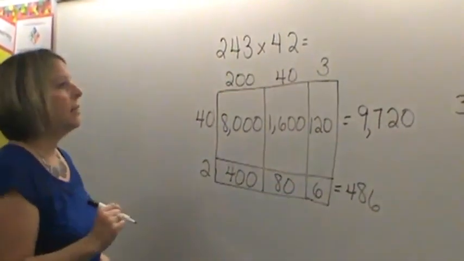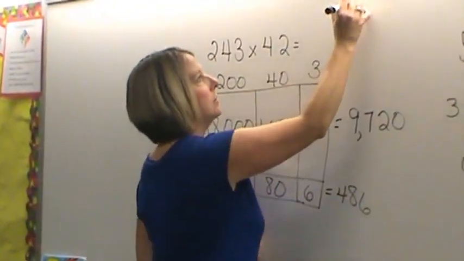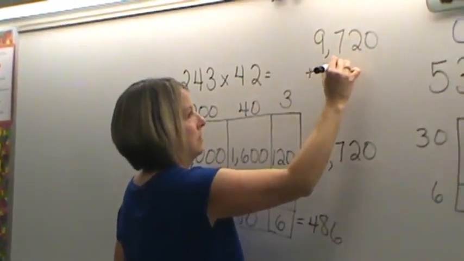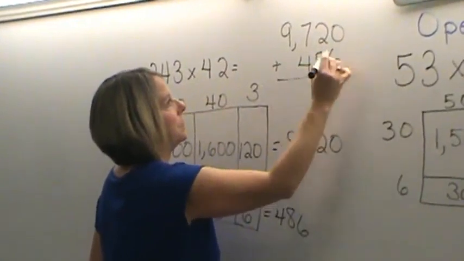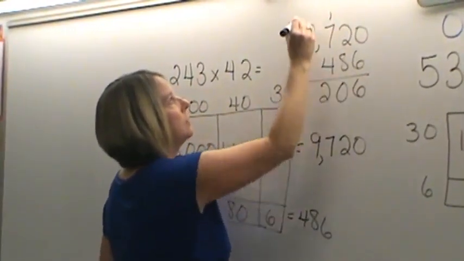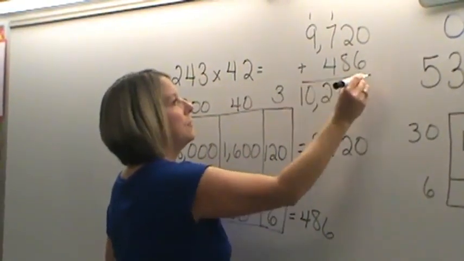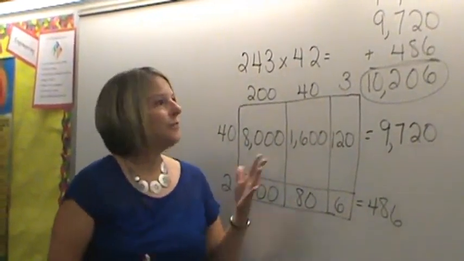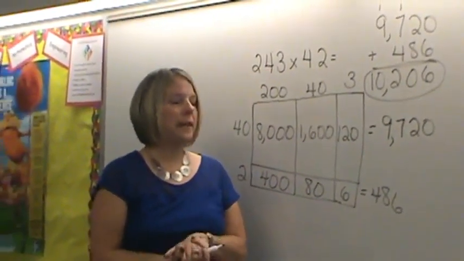And then they're able to add those two pieces together to get the final product, 10,206. So that is how the open array for multiplication can work.